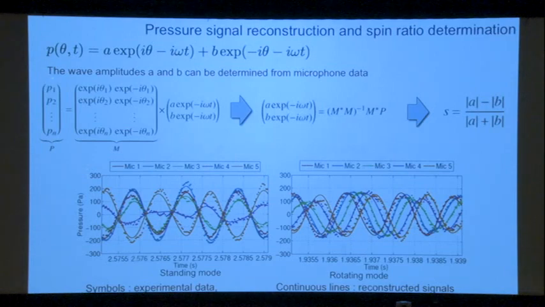You have a signal on 5 microphones, but you only have to get two quantities, A and B. And you know that the pressure P1 is equal to exponential i theta 1 times A times exponential minus i omega t plus B exponential minus i theta 1 exponential minus i omega t. And you can write that down for all the microphones.